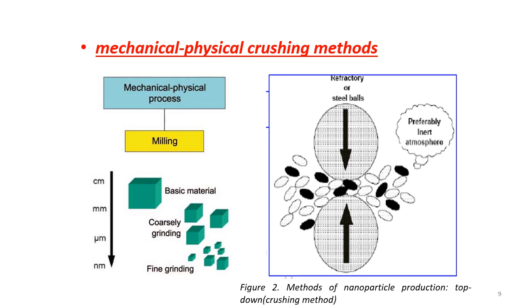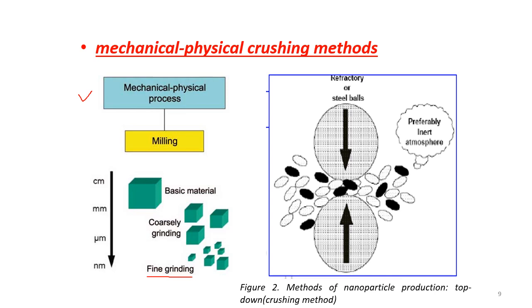Basically, the mechanical physical process happens in a mill, where the basic bulk material goes into coarsely ground material, to bottom-down sizes, and then when you keep feeding these materials into the mill, we get the finely ground particles.